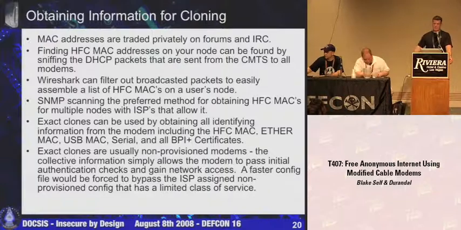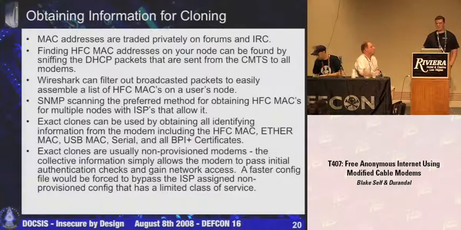And obtaining information for cloning, people are like, okay, if they're not right there where I can just sniff the traffic, how am I supposed to get this information? Well, like everything, it's traded privately on forums, IRC, and whatever other mediums people use to communicate. HFC MAC addresses on your node can be found just by sniffing the DHCP packets that are sent from the CMTS to the modems.